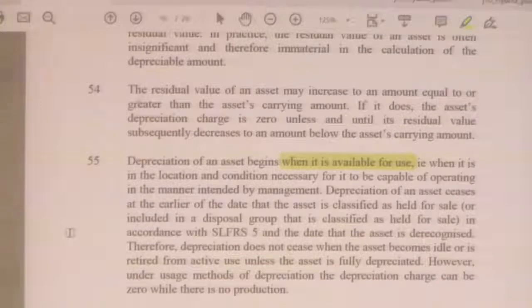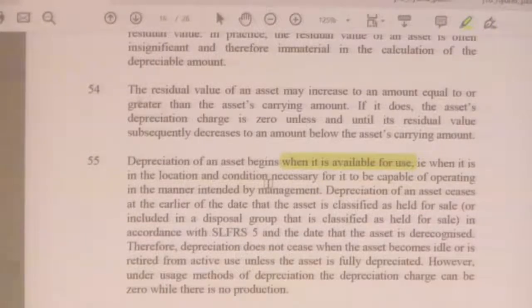You should start depreciation according to paragraph 55 when the asset is available for use. Underline the words when it is available for use, right, fine.